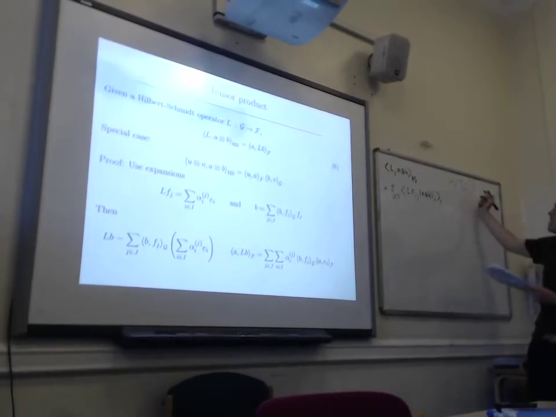I'm writing this function as a linear combination with weights alpha, and I put the j here because it's the jth vector, of the basis functions of the F space. So I'm just summing up a weighted sum of the basis functions of the F space, and any function in the F space can be written as this sum. I'm just doing it for one particular function.